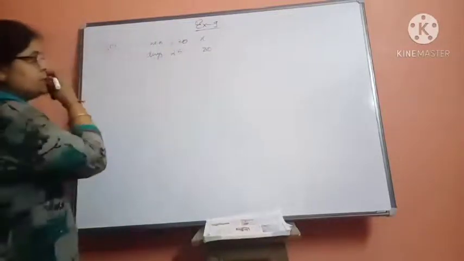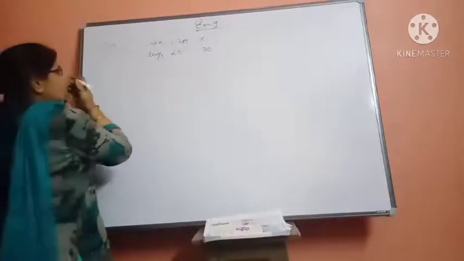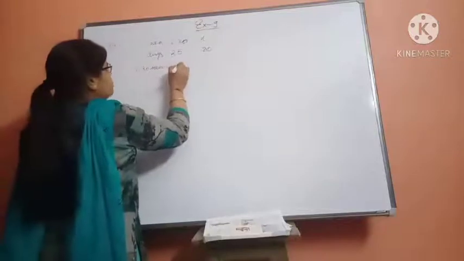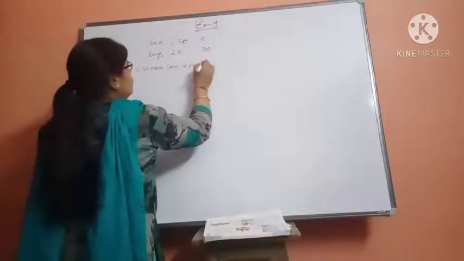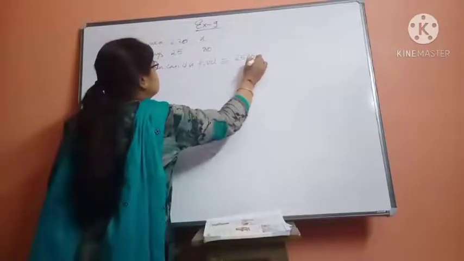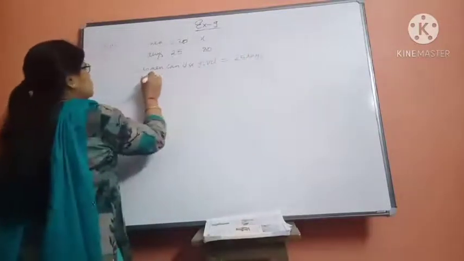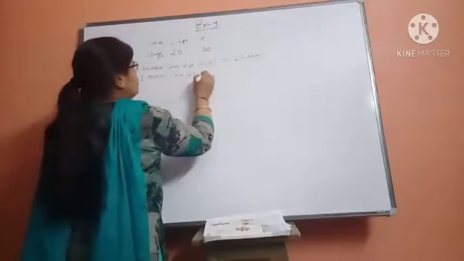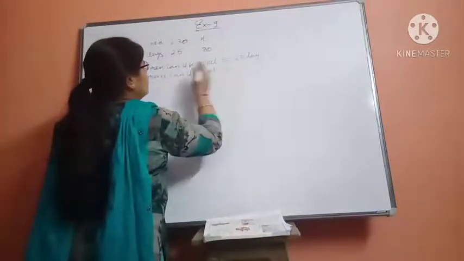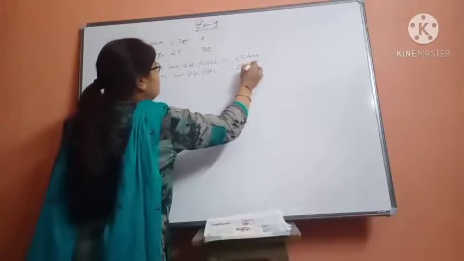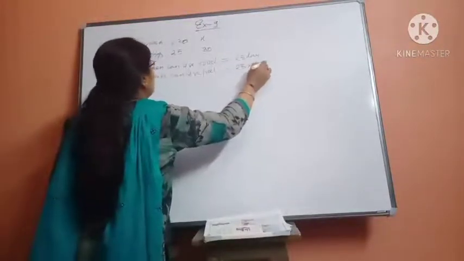So this is a question of inverse variation. So how will you do it? 630 men can use food for how many days? 25 days. So one man can use the food for how many days? If only one man uses it, it will be 25 multiplied by 630.